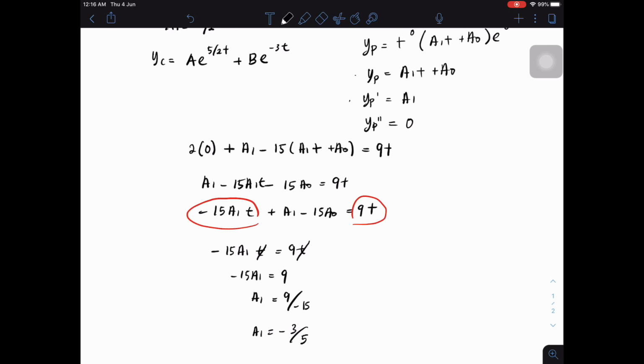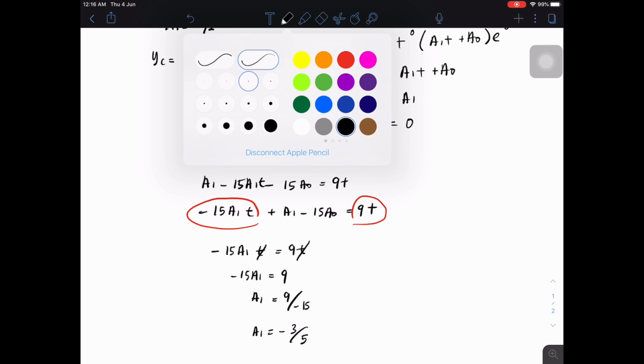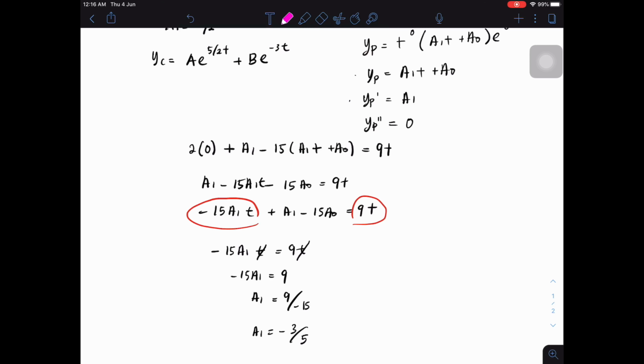Now we already have our a1, we can find our a0. You have the second equation here, a1 minus 15 a0 equal to 0, with nothing on the right. So we already have a1: negative 3 over 5 minus 15 a0 equal to 0. So negative 15 a0 equals 3 over 5.